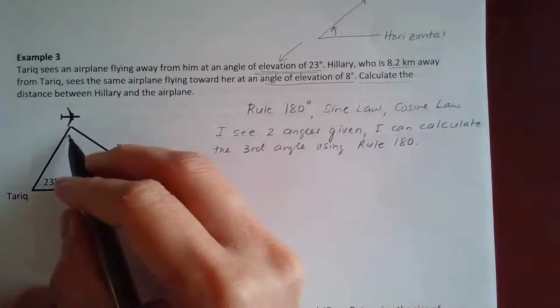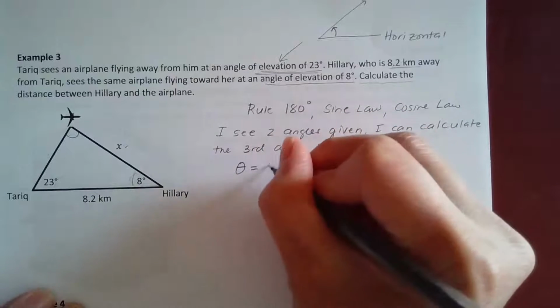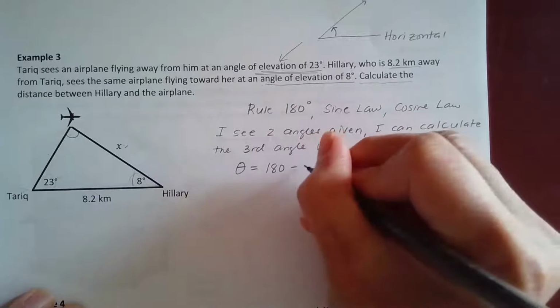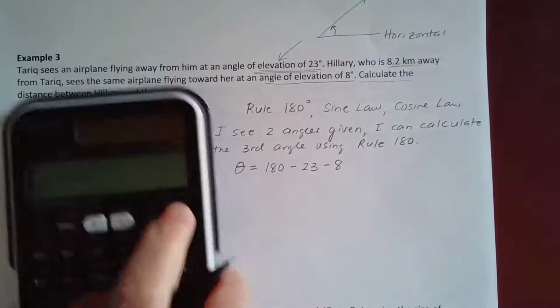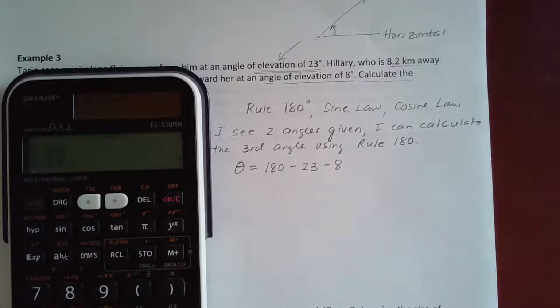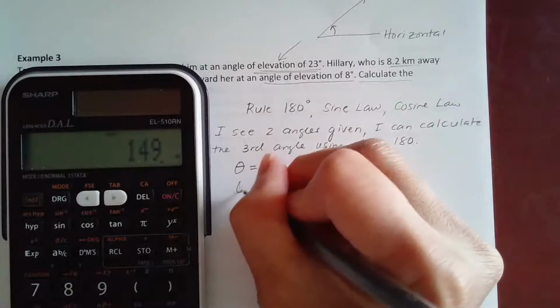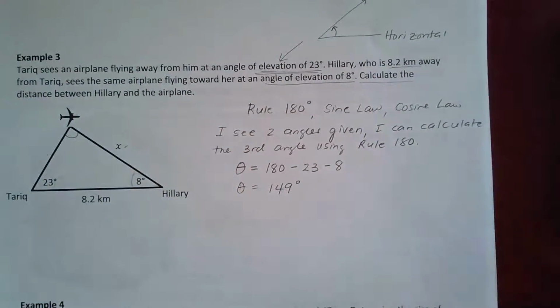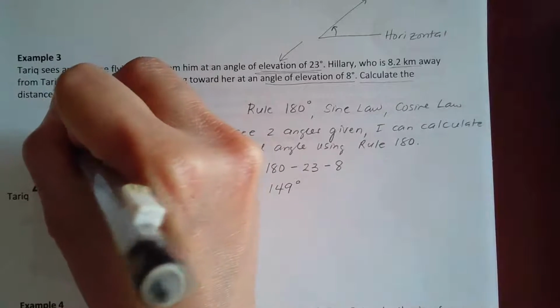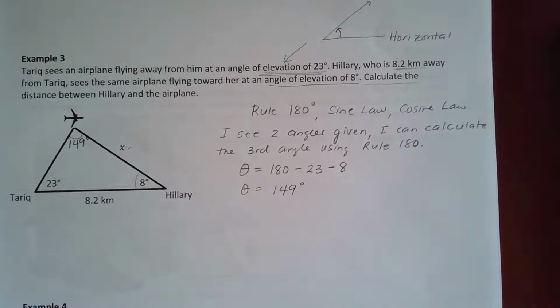Okay, so that's a possibility. I can call that theta. Theta equals 180 minus 23 minus 8. So I'm left with 149 degrees. This part here is 149. Let me write it down.